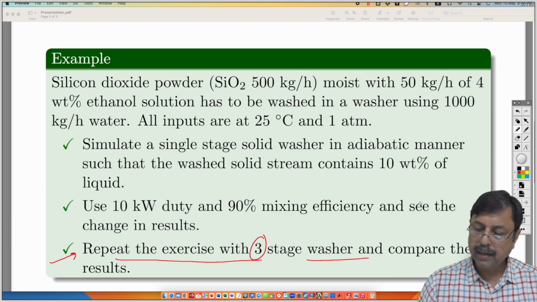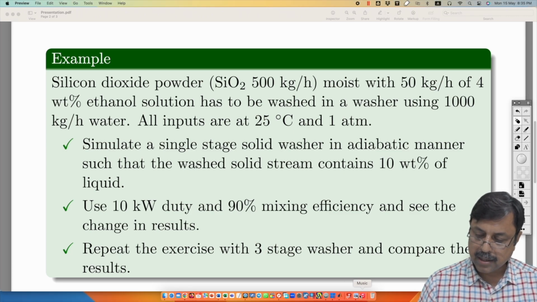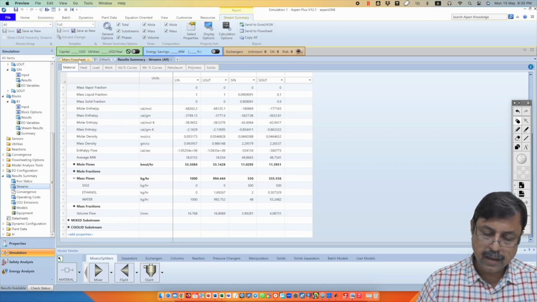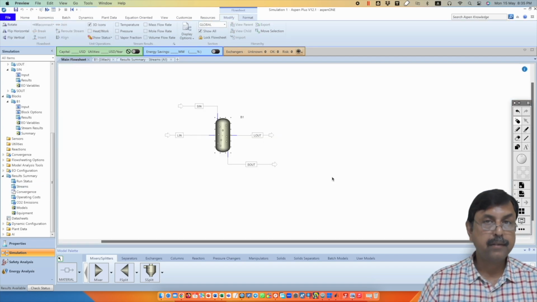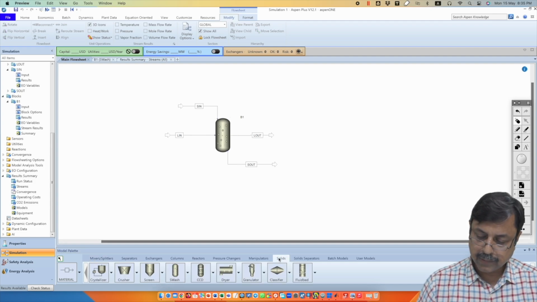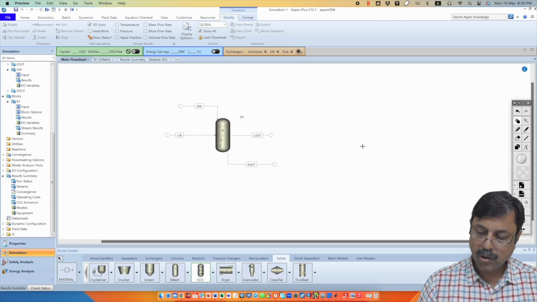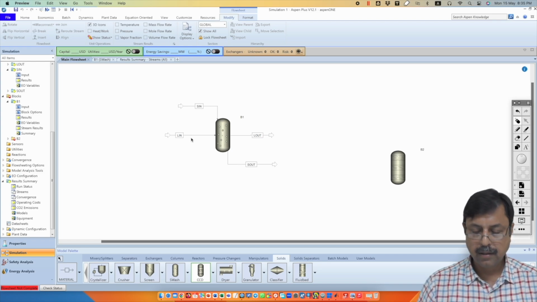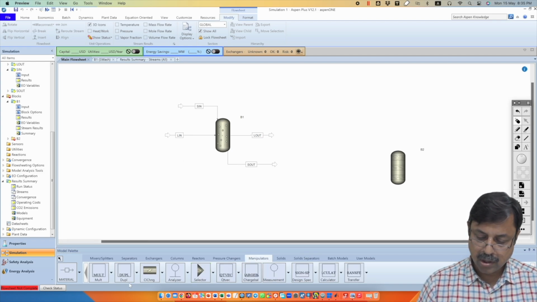Anyway, so let us go and check the 3-stage washer. For that, we have to add in the CCD block. So let us take the CCD block over here, and we will input the same S in and L in. So we have to use a couple of manipulators over here.